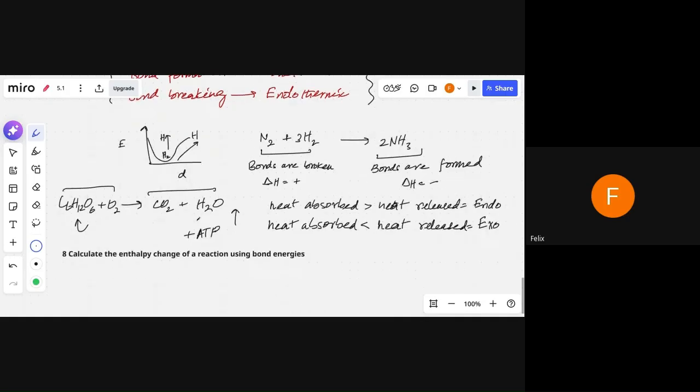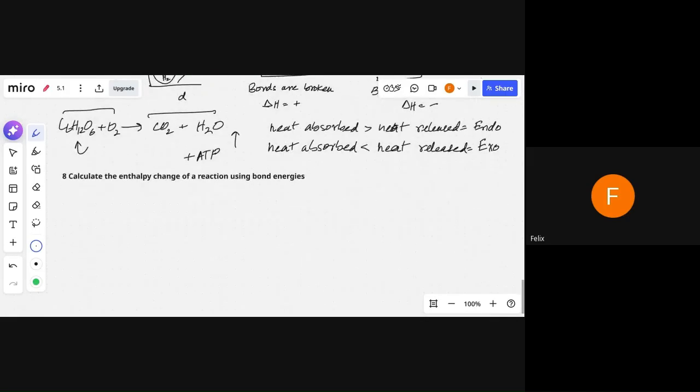So now we will take a look at some numbers in the final topic, which states: calculate the enthalpy change of a reaction using bond energies, right? So let me paste a question here, and we can solve it together.